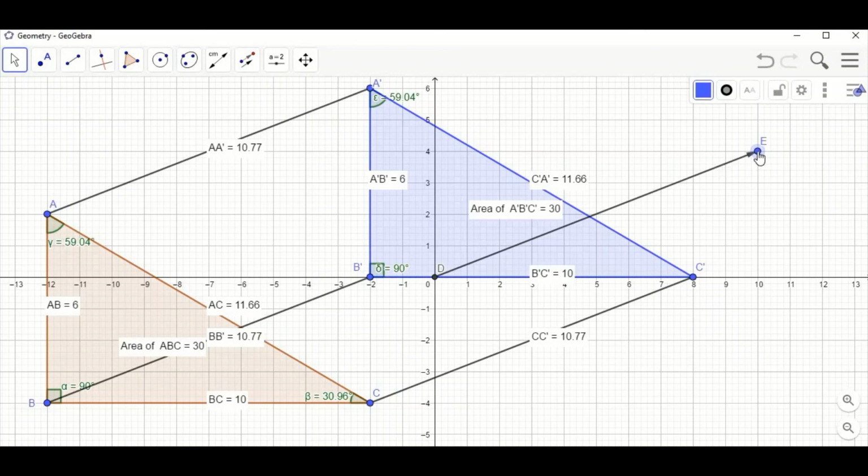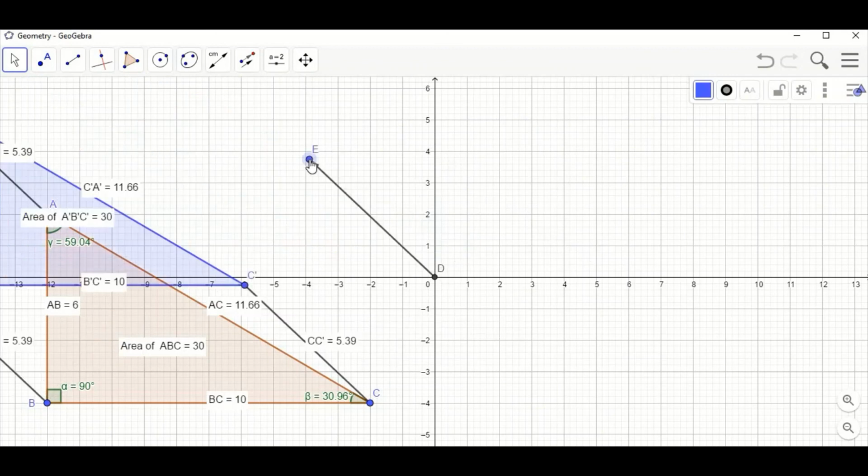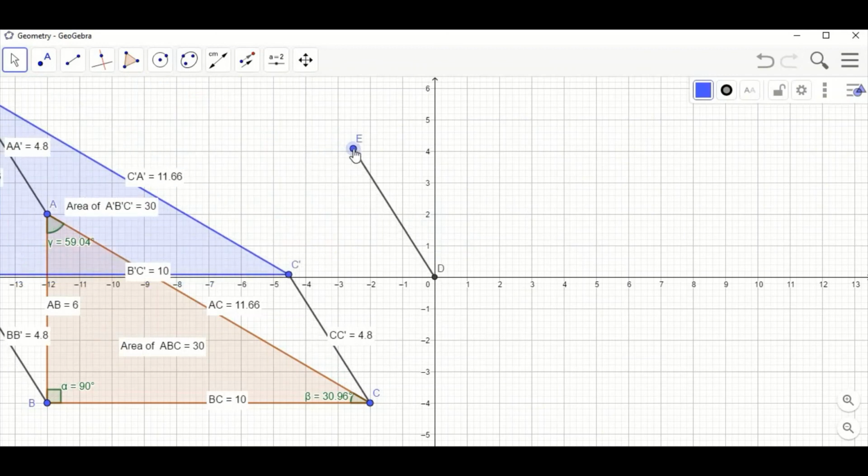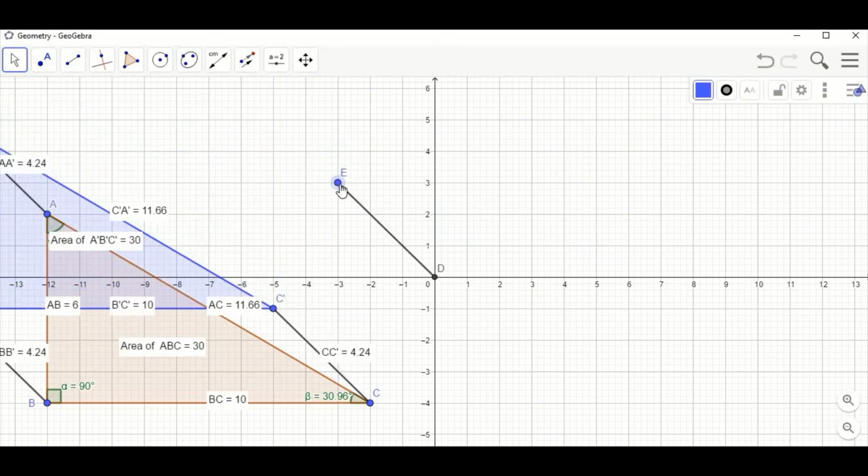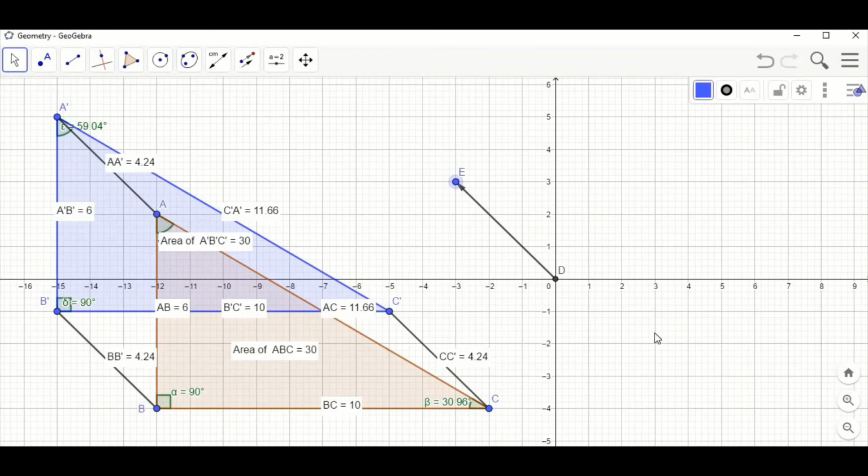Let's say that we change the direction of the vector now, and we are going in this direction here, and we're now saying that we're going 3 units to the left and 3 units up. Would it still maintain? Now what we can do is to just zoom in, and if you would take note of what is happening, the properties still maintain, right? The area is the same for both, right?